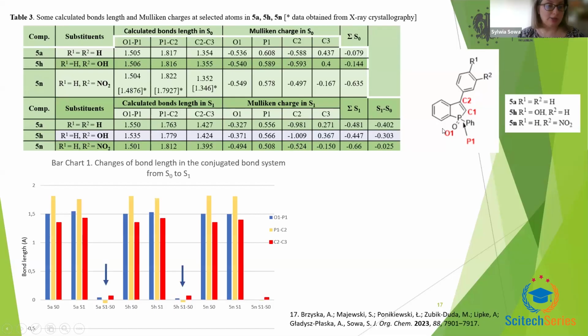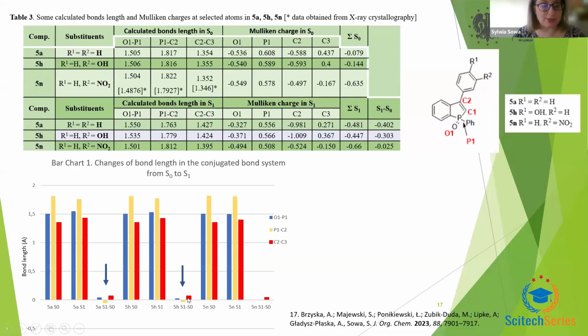In bar chart 1, I have visualized the bond lengths from this unsaturated bond system, and as we can see, the double bonds O1-P1 and C2-C3 are elongated for 5A when we change from S0 to S1, as well as for 5H.